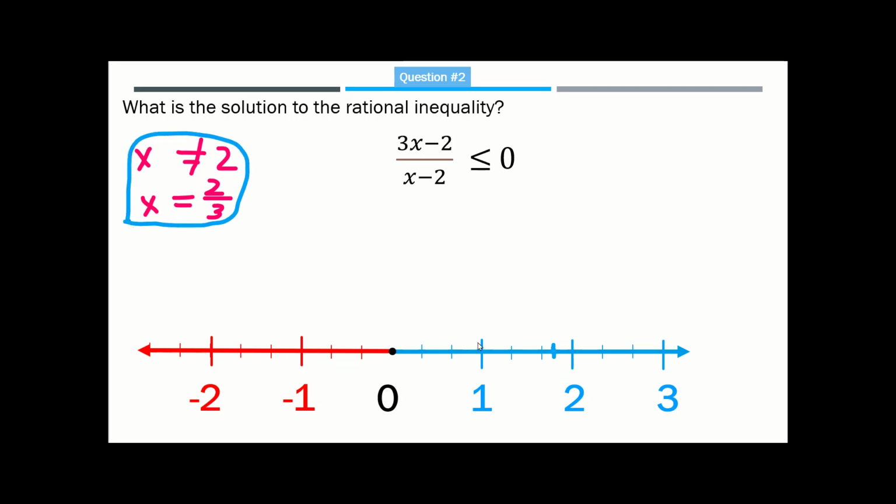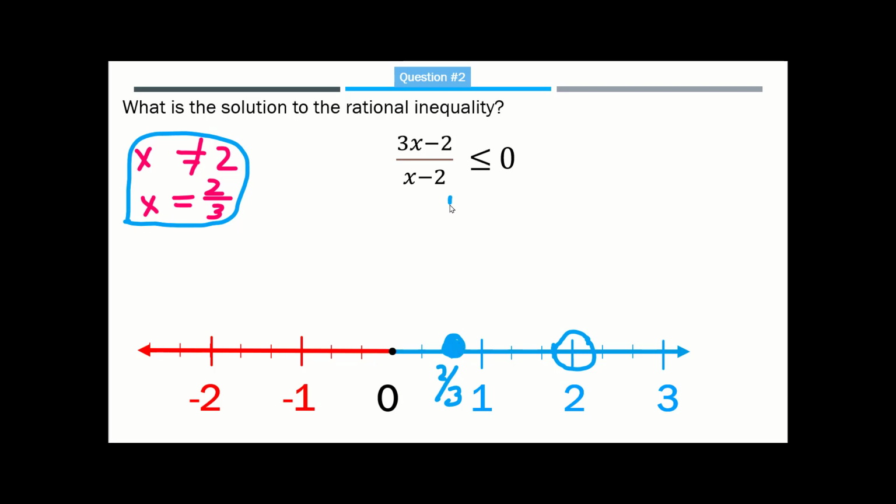X cannot equal 2. So I'm going to draw a circle and not fill it in where we have positive 2. And then x can equal 2/3, and 2/3 is right here. And I'm going to fill that in. That can be solid.